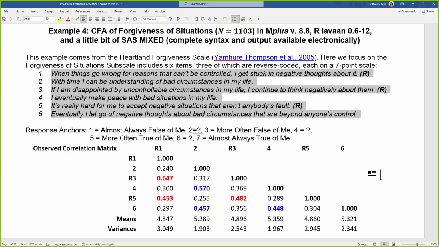When I was brought into the project, it was because they had already done what they thought was an exploratory factor analysis, but it actually turned out to be a component analysis, because that's what SPSS defaults to when you select factor analysis. It is not factor analysis. They had submitted a paper for publication, and the reviewer said, well, that's nice, but I want a confirmatory factor analysis.